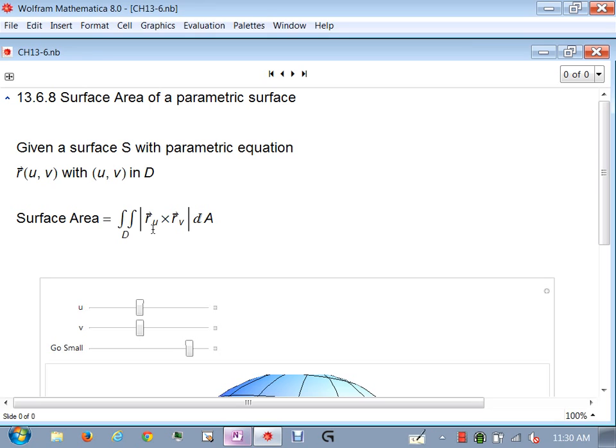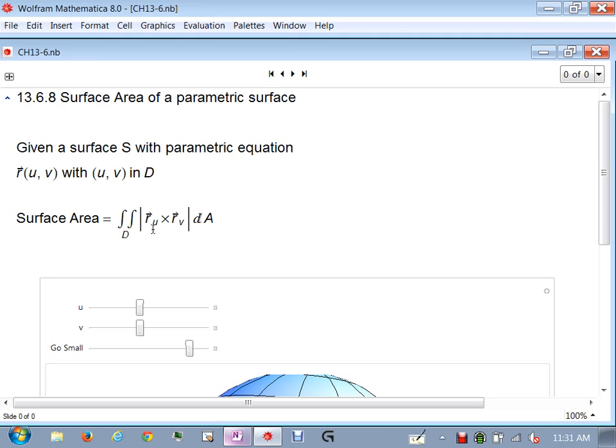But we need to scale it so that it will match up with that red patch. So we scale it by what? dA. dA is the infinitesimal rectangle, which would be du times dv, because u and v are our variables. And notice it's a double integral.